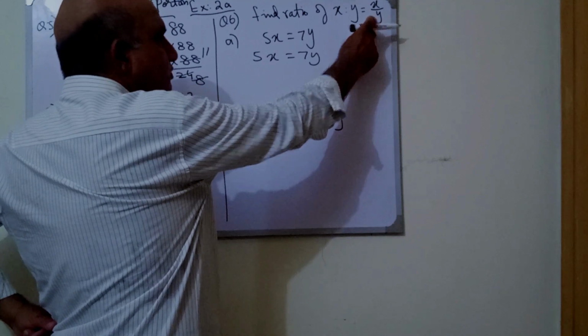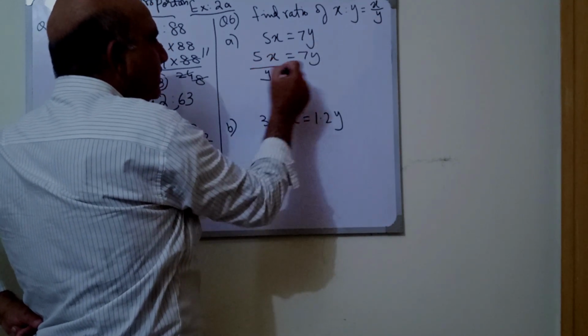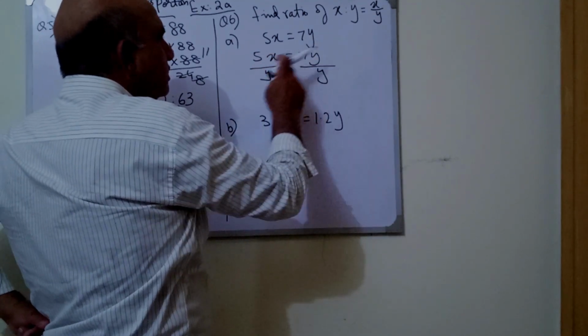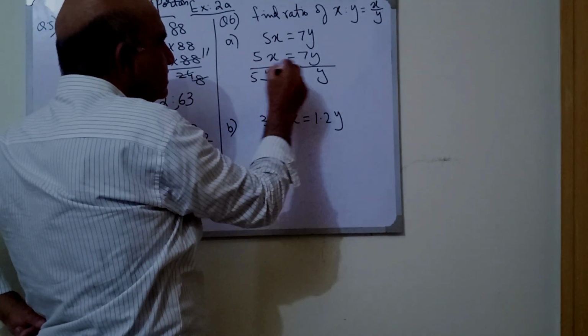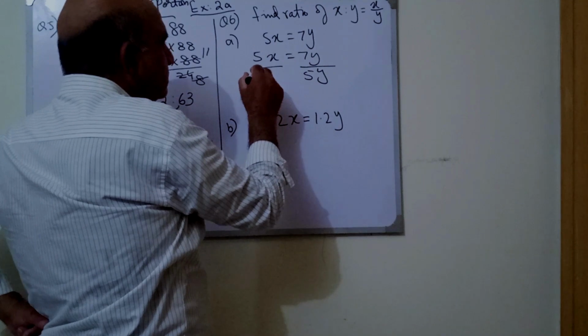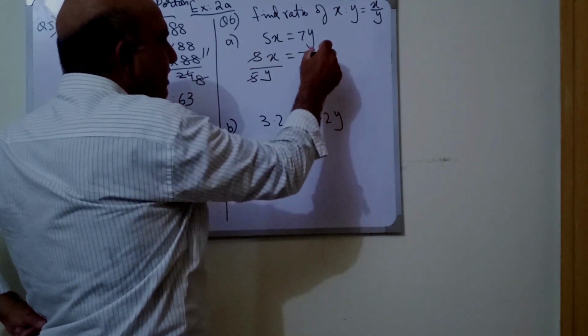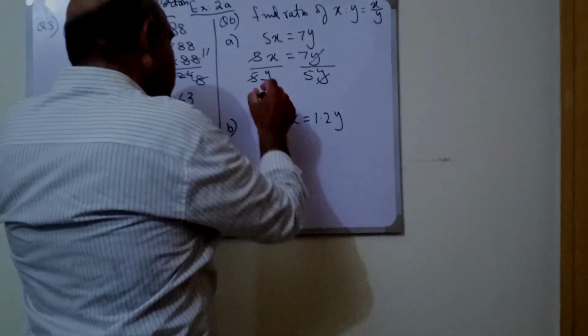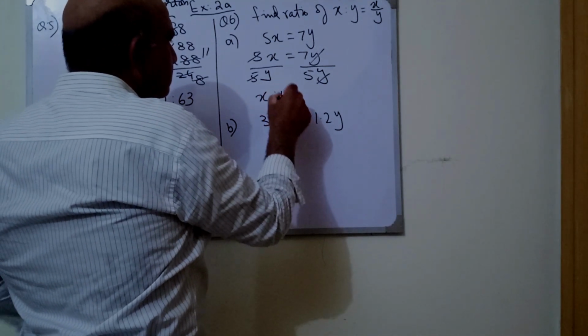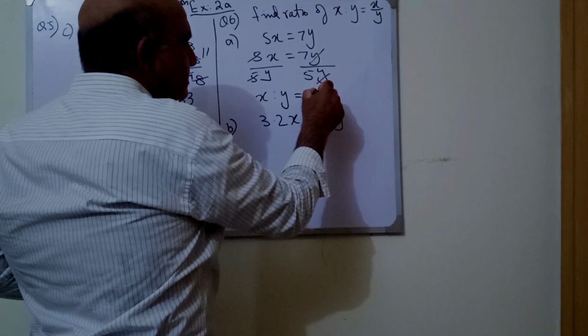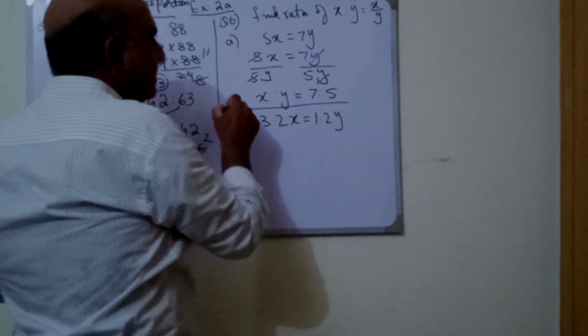As we need x over y, we divide by y on both sides. Now here is y and we need the value of x, so we divide both sides by 5. So here 5 cancels, here y cancels. So we can say that x ratio y is equal to 7 ratio 5.